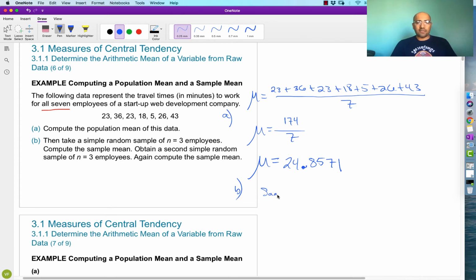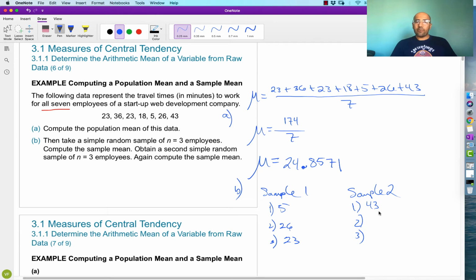So let's just skip that part for now. Let's say sample 1, after randomly selecting them, is a 5, a 26, and a 23. Sample 2, maybe we randomly select 43.